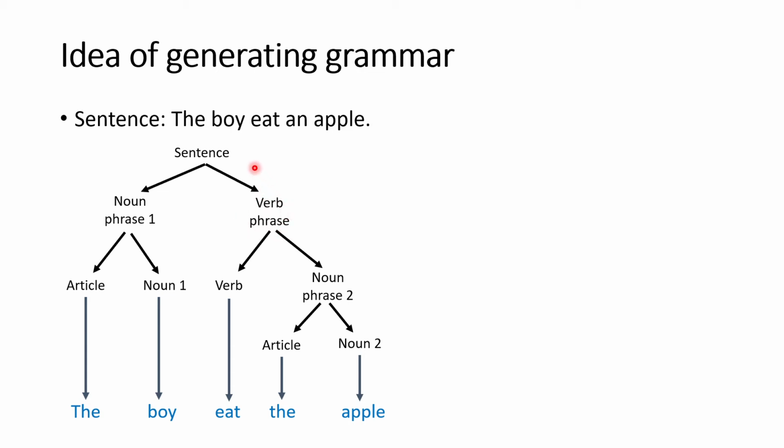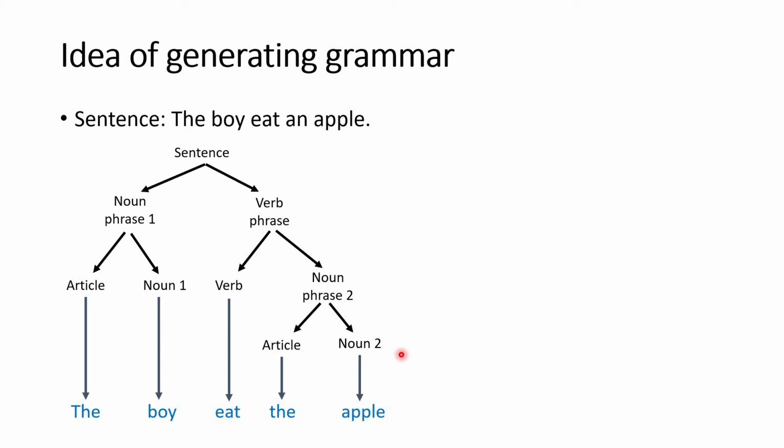Just like a variable, you can assume, that actually signifies each and every node in this tree. To derive this particular sentence, not only these rules are important, but also article to the, noun 1 to boy, verb to eat, and all these are also important.